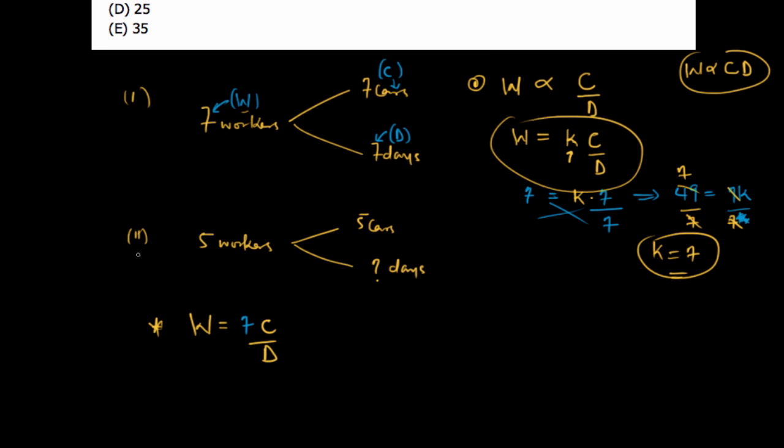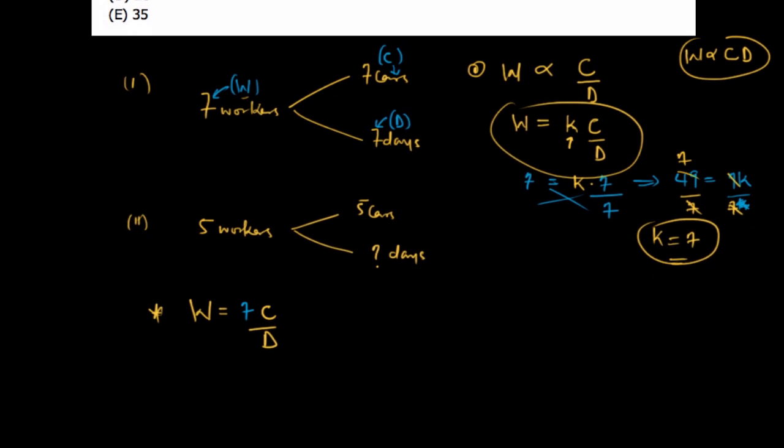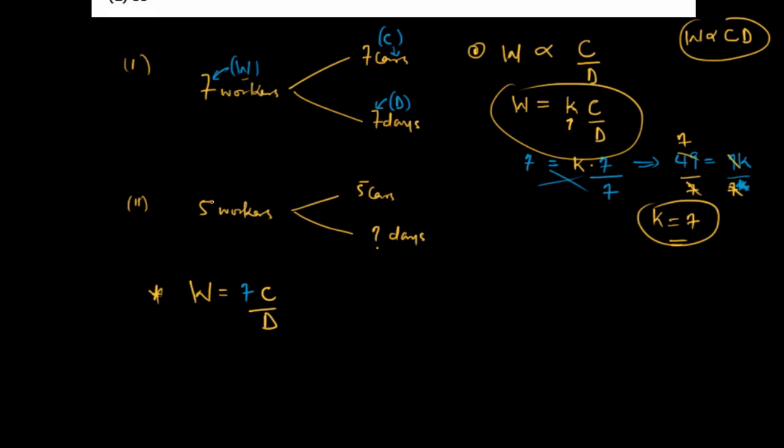Now let's go back to question 2. It says when the number of workers is 5 and C is 5, what is D?